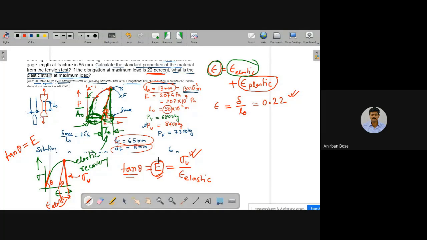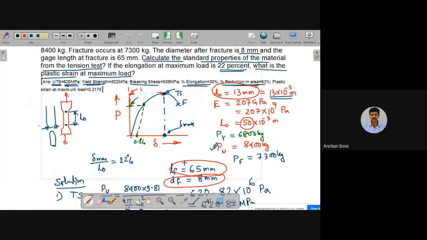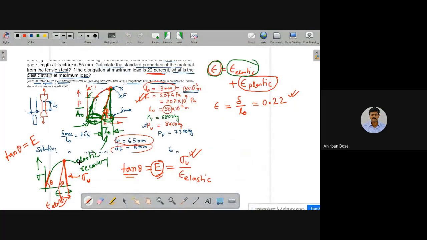Okay, the value of E is given, and sigma U, the tensile strength, we have just calculated. So use that value of sigma U, and from this equation you find out what is the elastic strain.